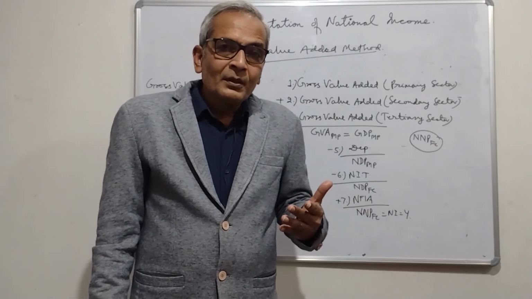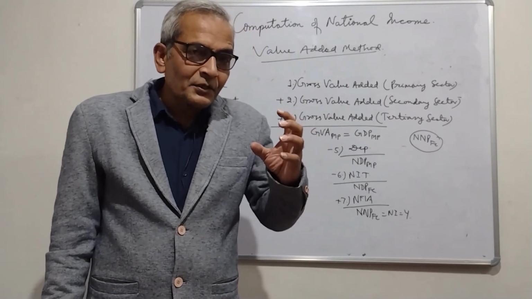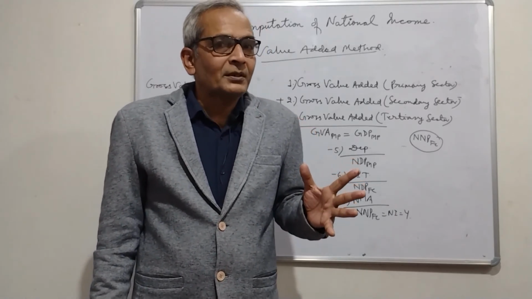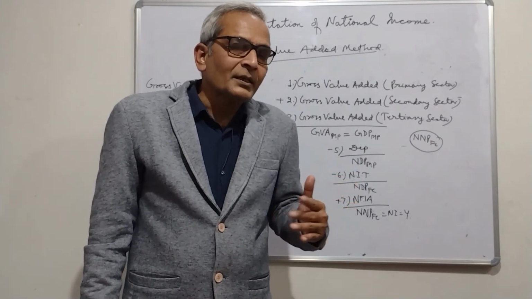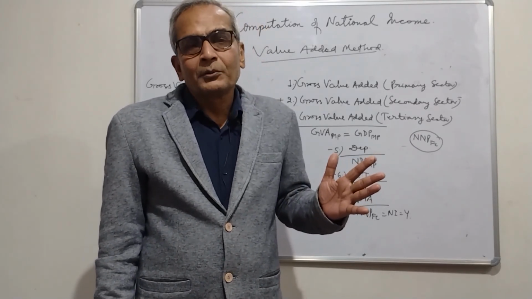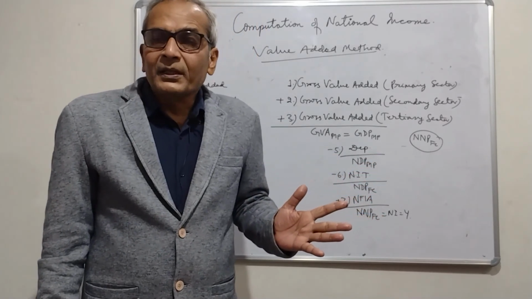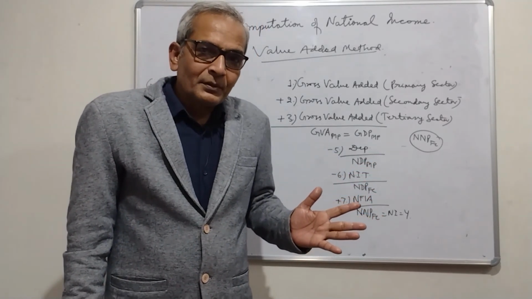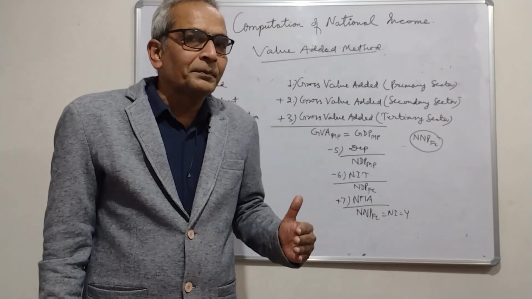I hope now you have been able to get a feel of how to go about this chapter. So I wish you all the best. Just go through the solved numericals in your book and then start working out unsolved problems. This is the second last video on this topic.